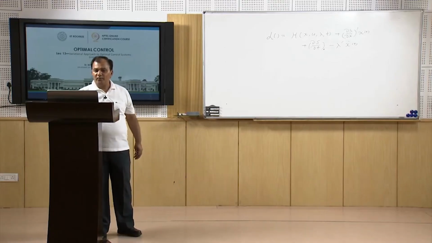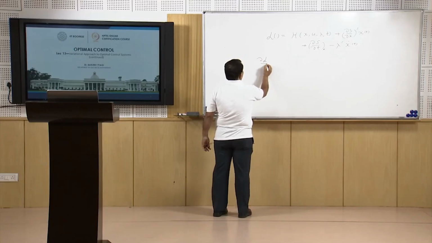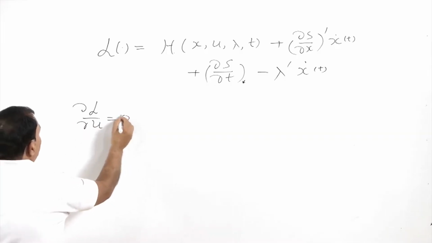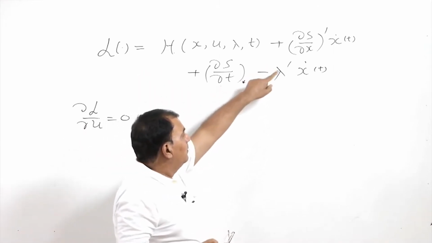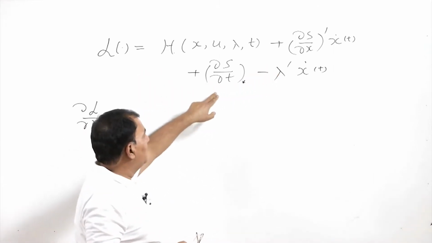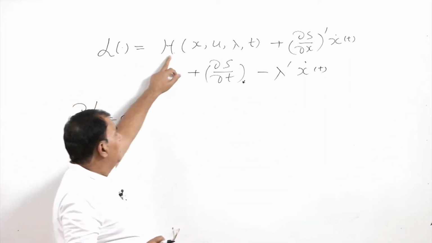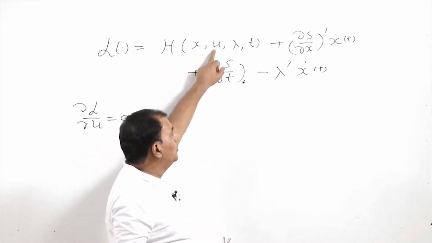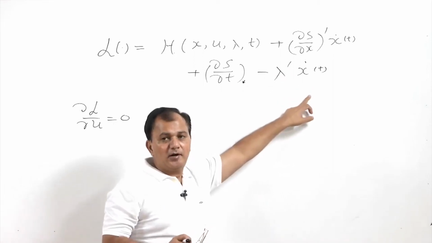Now, what is my first equation for u of t, that was for optimal control. I have my equation as del L by del u equal to 0. If I use L as H plus del s by del x x dot, del s by del t, minus lambda prime x dot t, only H is a function of u. This term is independent of u, this term is independent of u.